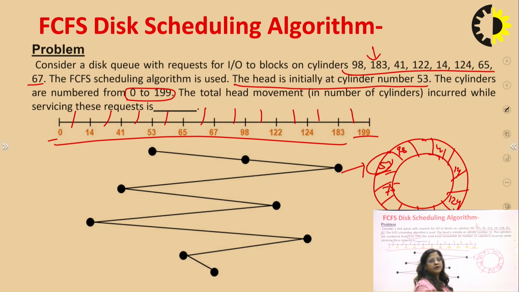The first one given is 98. Firstly your read write head is present at point 53, at the beginning.